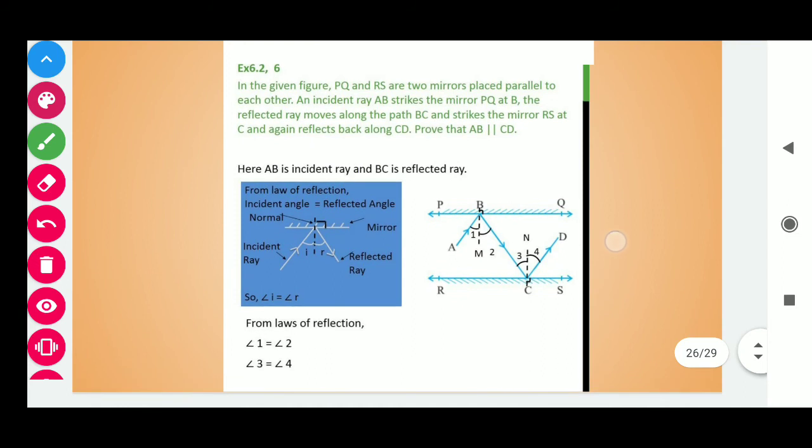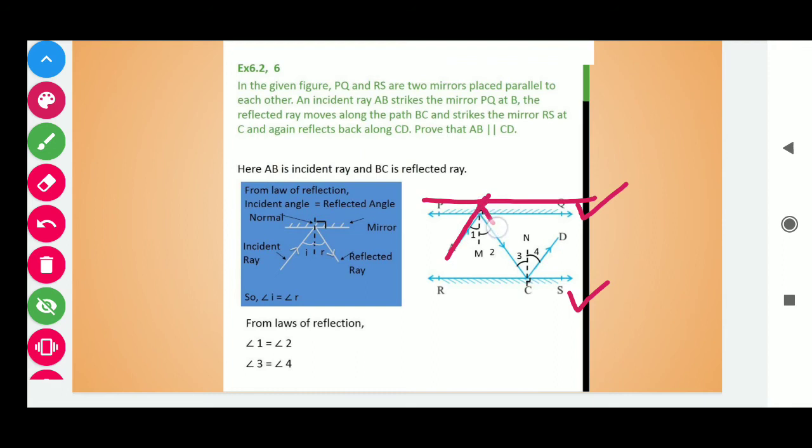Here we have question number 6. In the given figure, line PQ is parallel to RS, and they are two mirrors placed parallel to each other. An incident ray AB strikes the mirror PQ at point B and the reflected ray moves along the path BC.